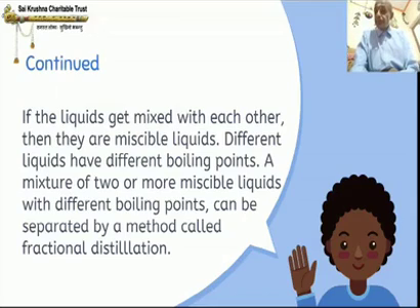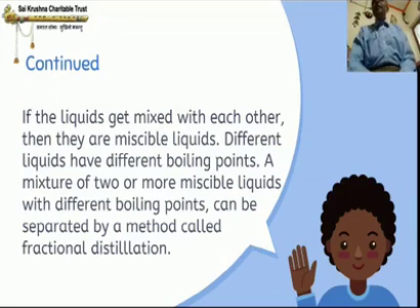A mixture of two or more miscible liquids with different boiling points can be separated by a method called fractional distillation.